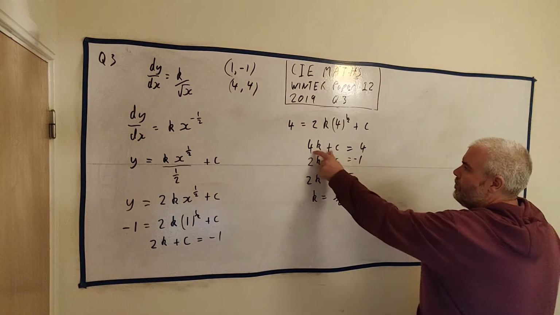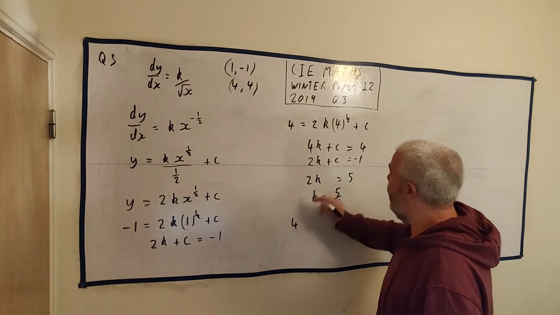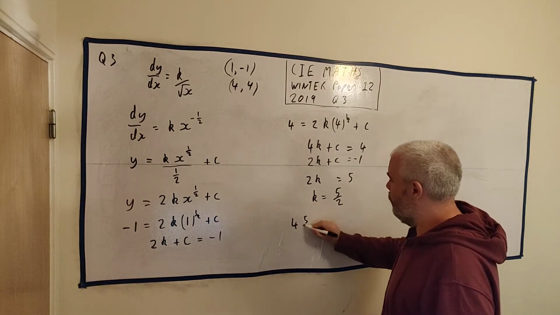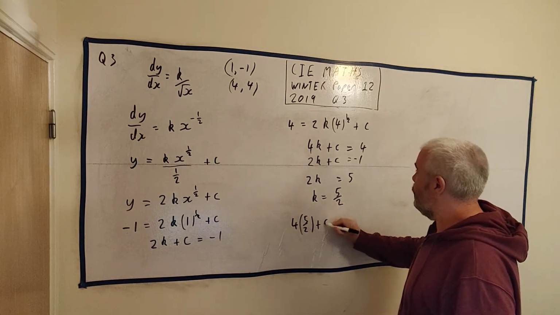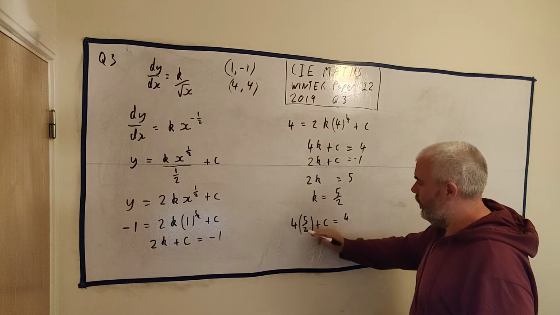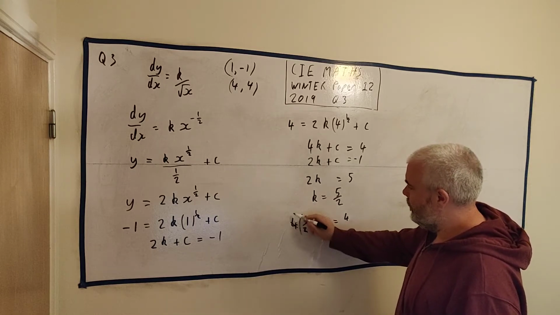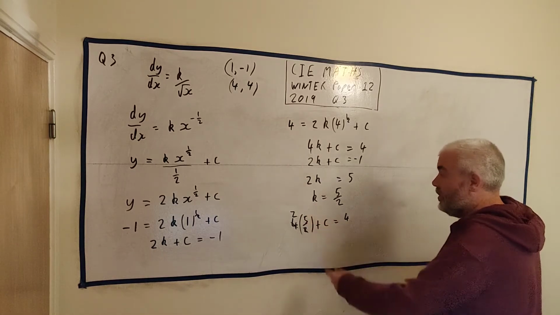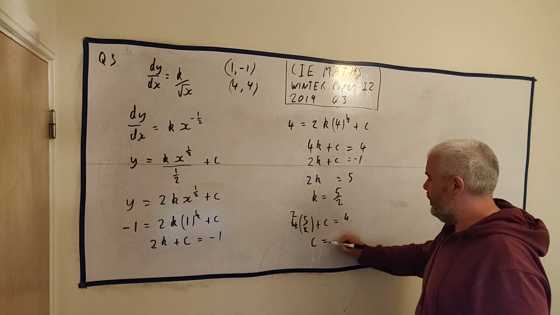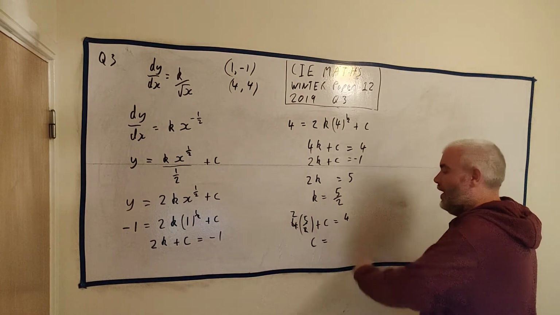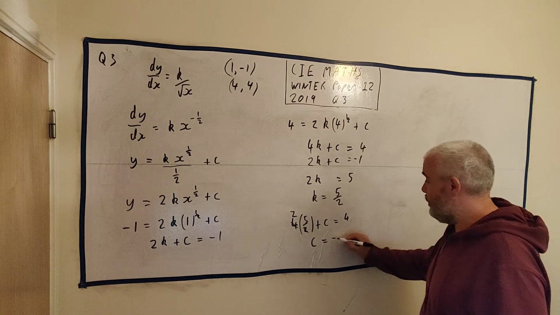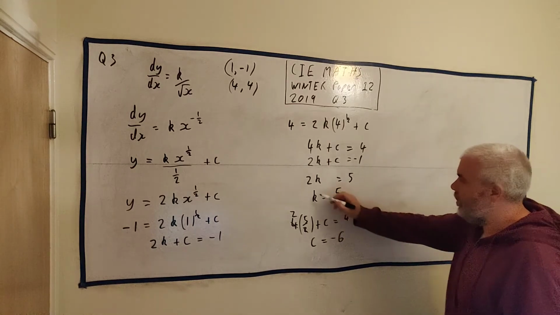Let's use this line here. For k is now 5 over 2. So 5 over 2 plus c is equal to 4. Let's multiply by 2. 2 fives are 10. So c is equal to 4 minus 10, that's minus 6.